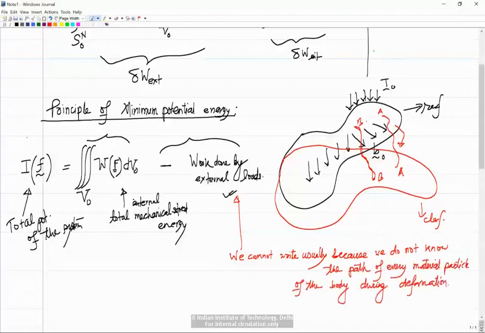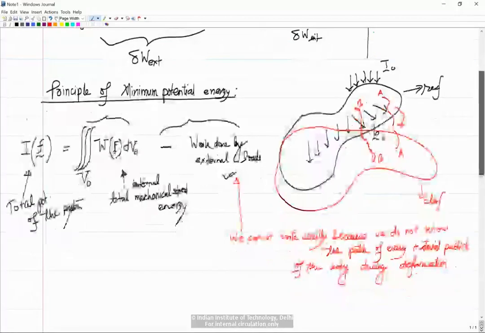Okay, but there are conservative loads for which the work done only depends on the final position and initial position, isn't it? You must have learned about this. There are two kinds of load: conservative load and non-conservative load.